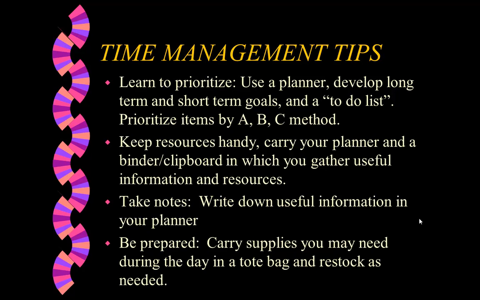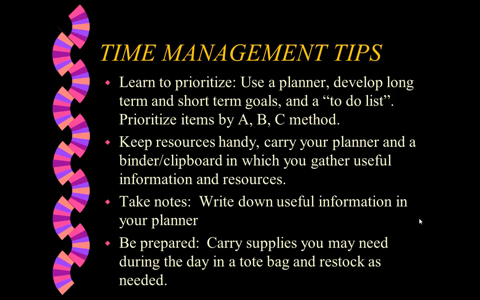They're high priority. The items placed in the B section need completion within a week, and the C section items are those things that need to be done within a month. As the B and C items become more pertinent, they are bumped up to the A or B list. Try it or come up with your own method, but do it. Keep resources handy. Carry your planner and your binder clipboard in which you gather useful information and resources.